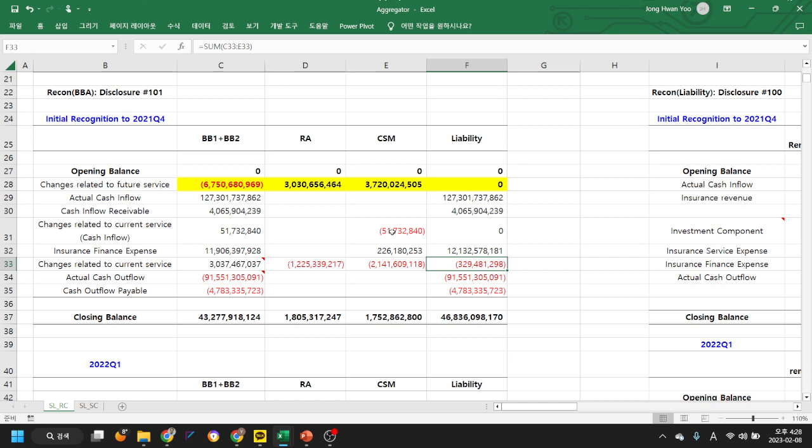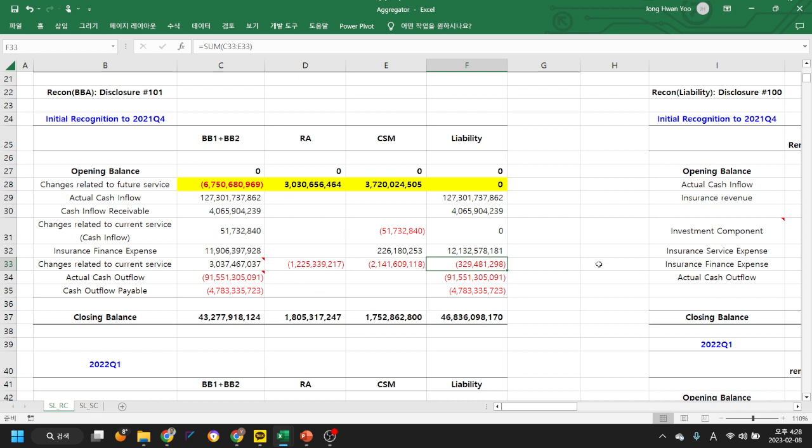There is no estimate adjustment. It stays the same, but it's not true though, right? It's just for illustration and convenience. I just assume they are the same, and if they are different, this is actually going to be different, right? That's going to be reflected in this value as well, right?